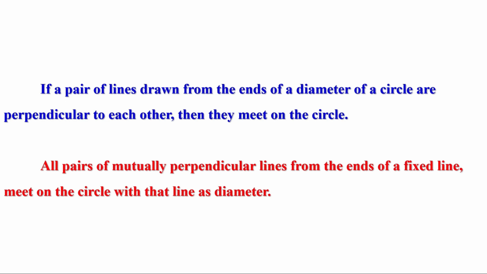Now let us think of the reverse. If we draw mutually perpendicular lines from a point on a circle and join the points where they cut the circle, do we get a diameter? Let us check. Let us draw a circle at first. Now take a point on this circle and draw a line from that point.